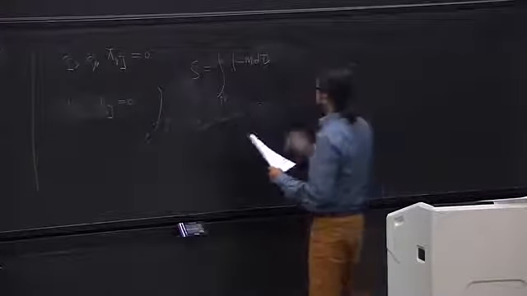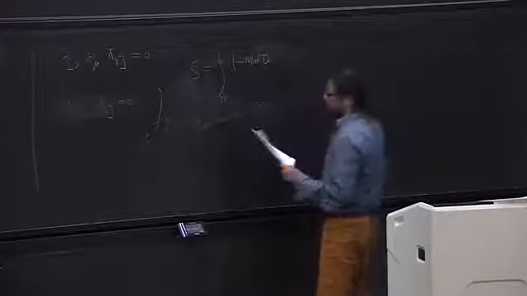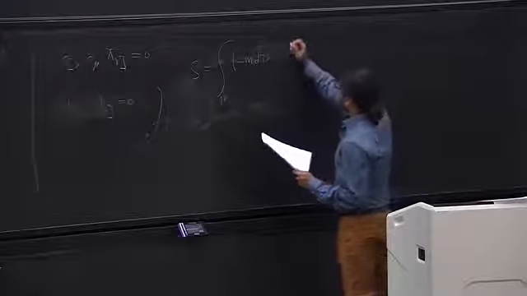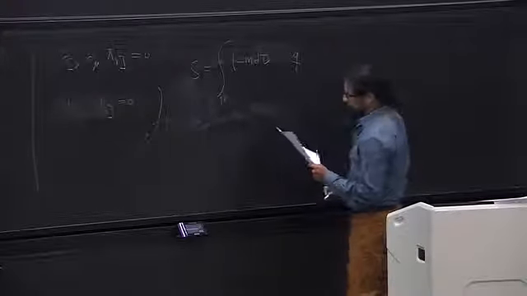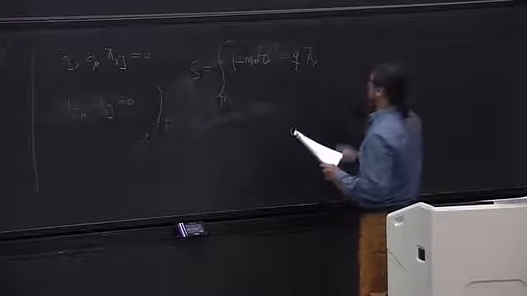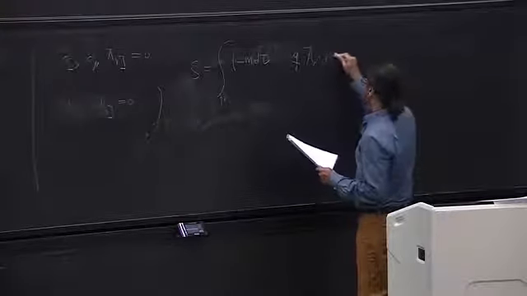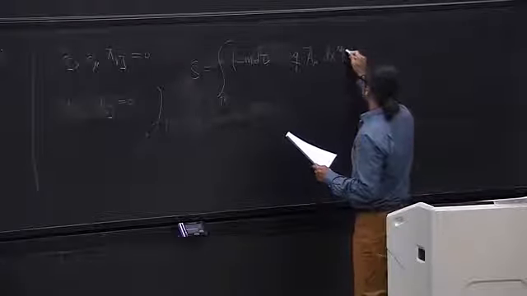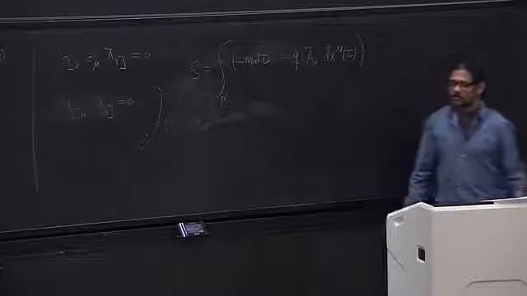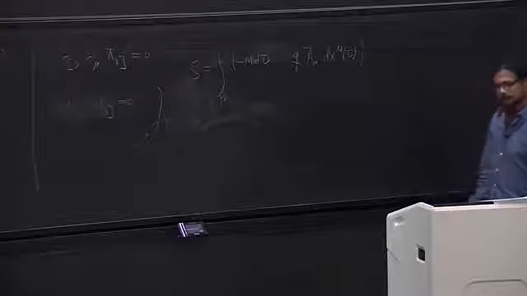And then the coupling between the electric field and the particle is given by the particle's charge. Let's call it E. Probably Q is more conventional. And then the vector potential times the coordinate of the worldline of the particle. Okay?